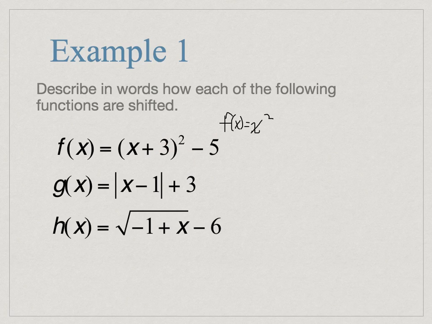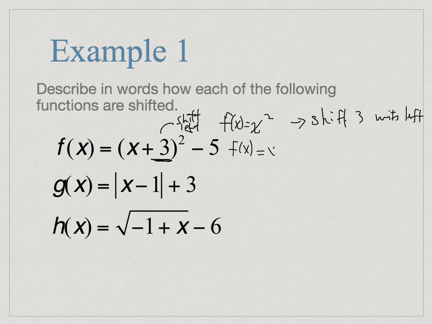We said that if it's positive 3, that's going to be a shift left. Okay, if it's positive, it's going to be a horizontal shift. So you could write shift 3 units left. Okay, and then once you do that, now you have f of x equals (x plus 3) squared, right?